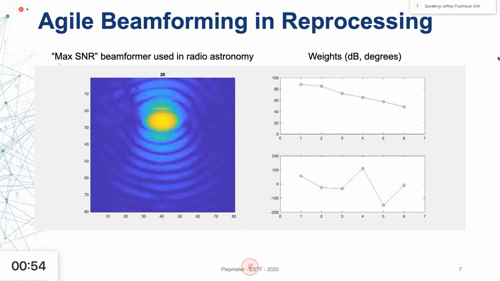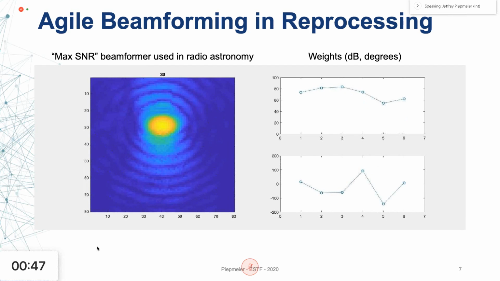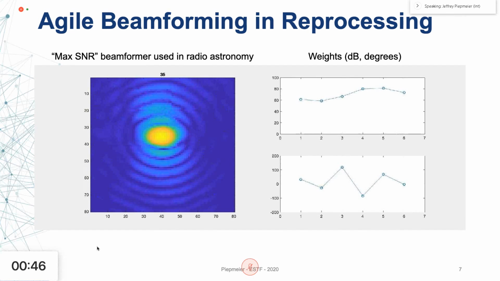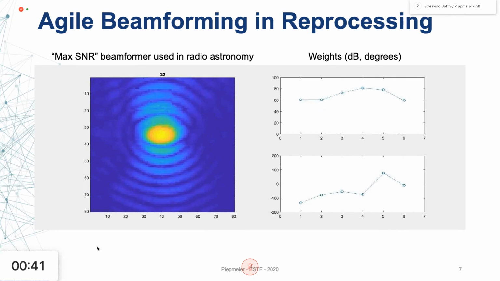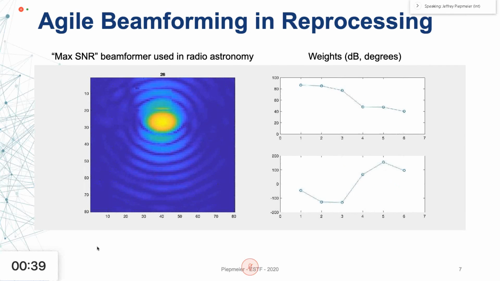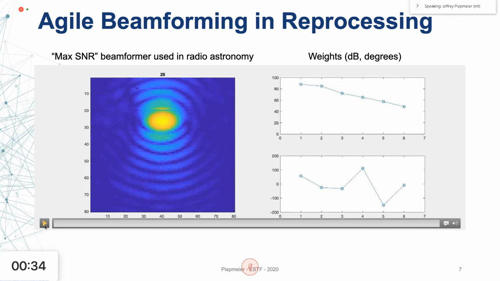Next chart, please. And the results were very exciting. And Paul's going to hit play. So we used the maximum signal-to-noise ratio beamformer technique that was developed for radio astronomy. That balances main beam gain and noise created by spillover.